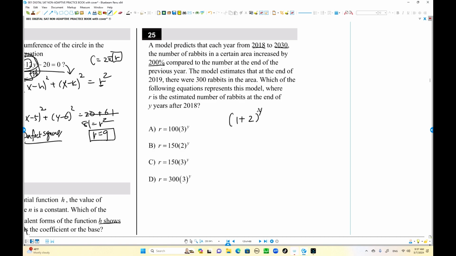At the end of 2019, we start over here 2018, right? That's the r equal to 1. We used y, not y minus 1. Okay? So you're going to find the initial value, which is the year 2018, not 2019. 2019 equals 300.